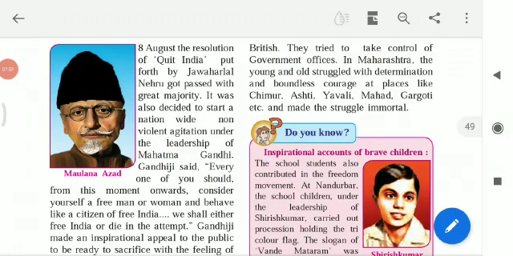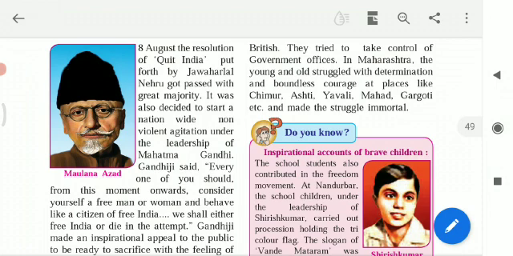On 8th August, the Quit India resolution put forth by Nehru got passed with a great majority. It was also decided to start a nationwide non-violent agitation under the leadership of Mahatma Gandhi.